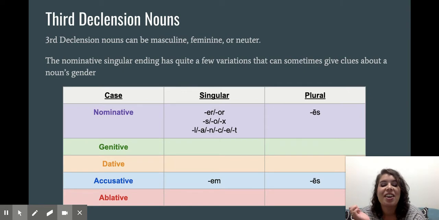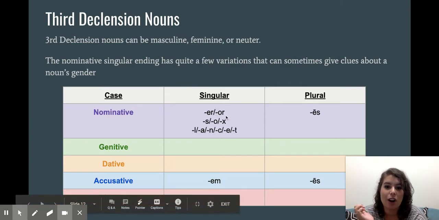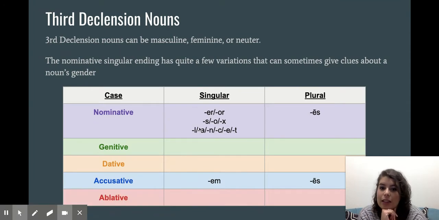You may notice in this chart, I've grouped these endings into three little groups. This is where we get into a helpful hint for guessing what grammatical gender a noun is. Again, this is going to be more important when we start introducing adjectives, but it is helpful to start getting the hang of these now.